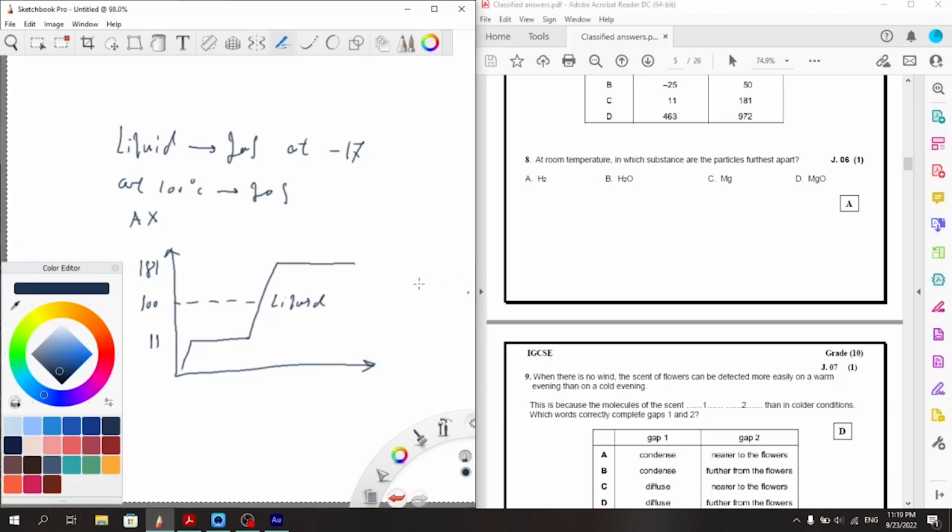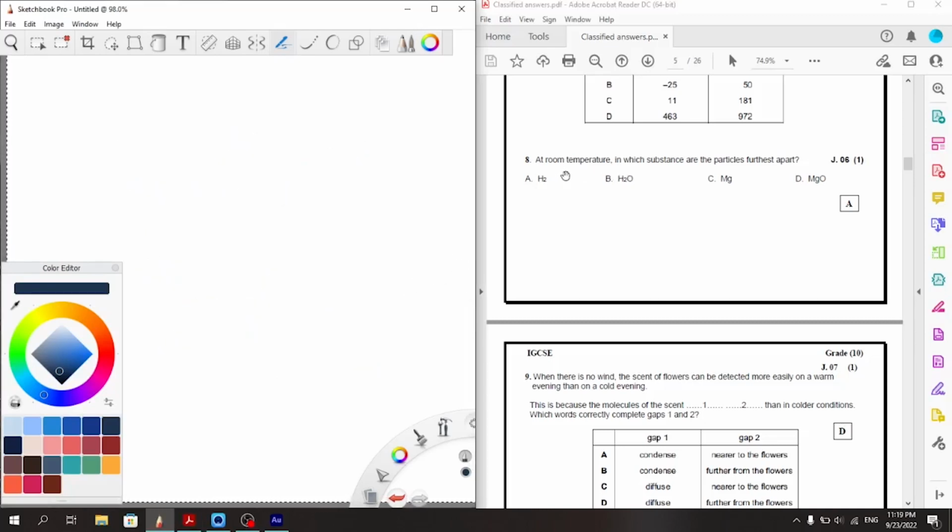Question number 8. At room temperature, in which substance are the particles furthest apart? Furthest apart, so we are looking for a gas. So we have H2, we have H2O, we have magnesium, and we have magnesium oxide. So hydrogen is a gas. H2O can be steam, or it can be just liquid water.